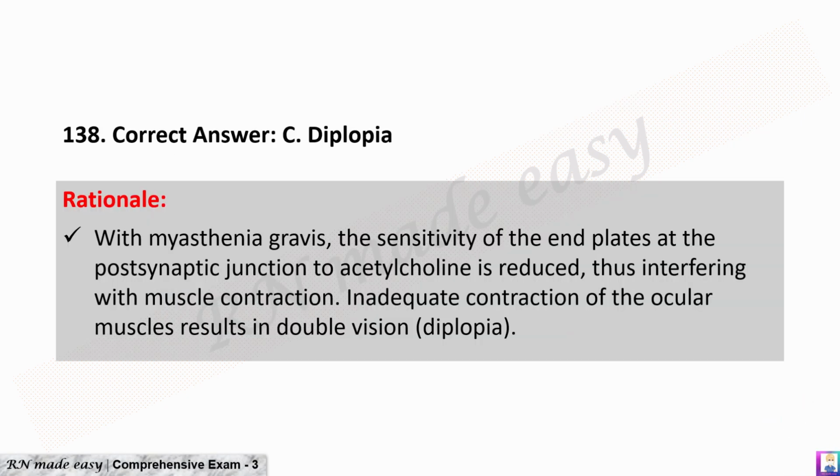The correct answer, C. Diplopia. Rationale. With myasthenia gravis, the sensitivity of the end plates at the postsynaptic junction to acetylcholine is reduced, thus interfering with muscle contraction. Inadequate contraction of the ocular muscles results in double vision, diplopia.